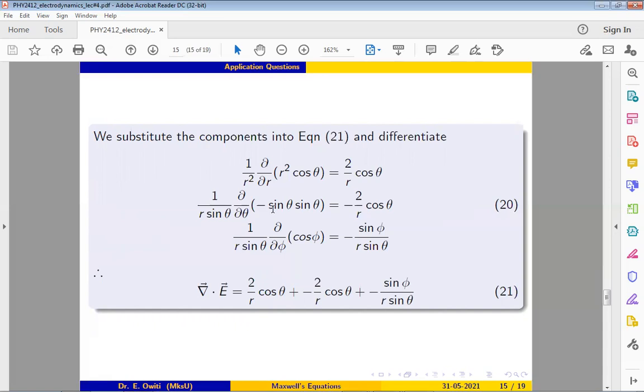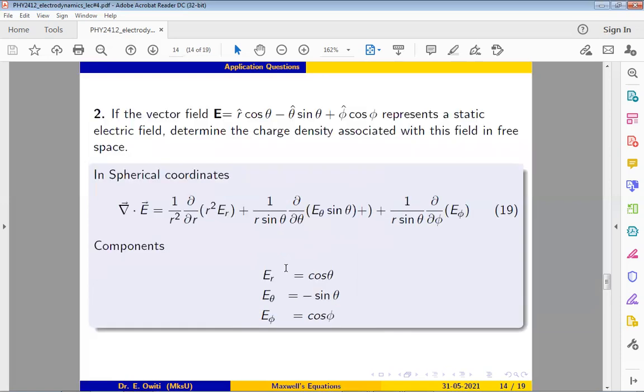So you do that differentiation and you end up with minus 2 over R times cosine of theta. Then you have also the third term, the same. So you're basically substituting the components that you have extracted from the vector field that is given, and then you differentiate. So when you do that, you now substitute them back into this equation number 19.